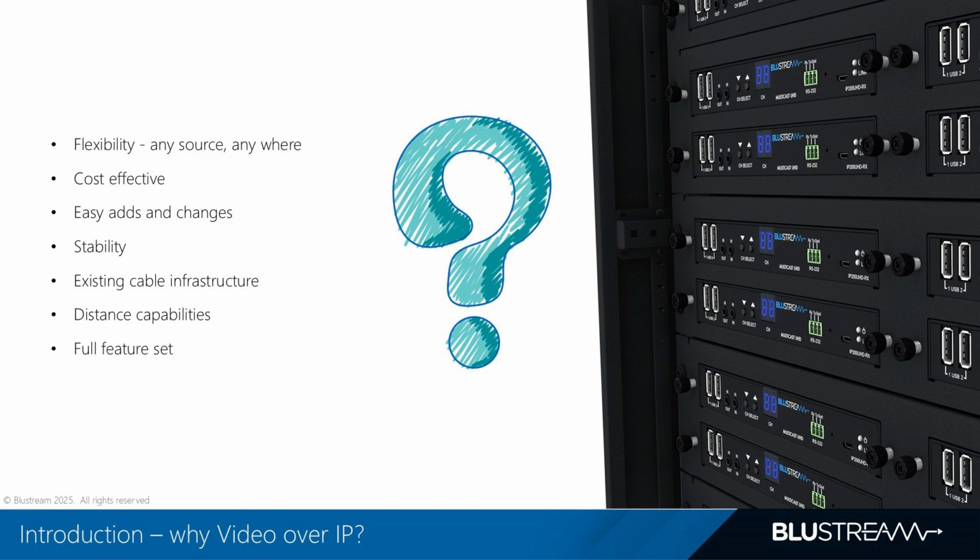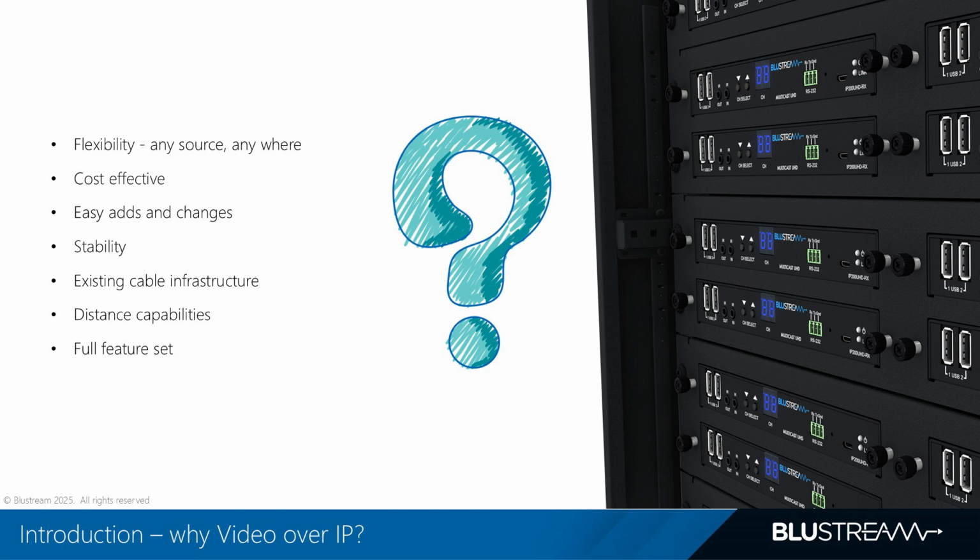Unlike traditional point-to-point technologies like HDBaseT, which often require a centralized rack and strict cable runs, video over IP is modular. Sources and displays can be placed anywhere on the network, giving you complete freedom in system design and allowing for easy expansion as a project needs evolve.